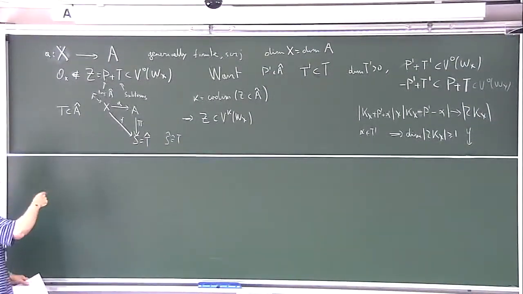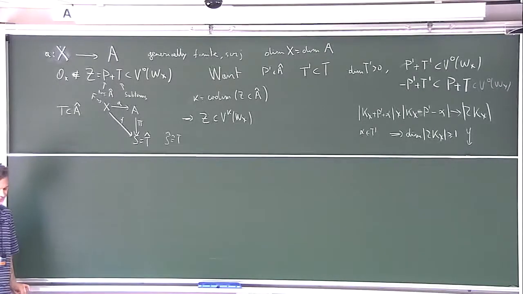So one of the themes I've tried to emphasize is that this Kollár vanishing, which is stronger than Kawamata-Viehweg vanishing, implies the generic vanishing results.